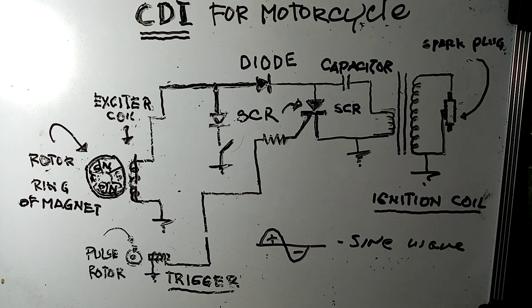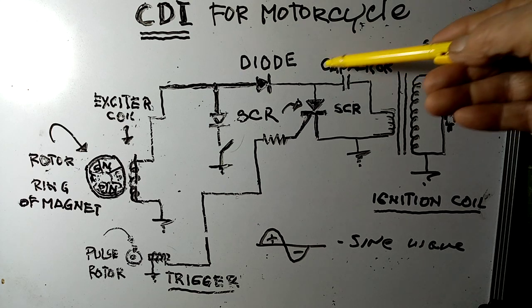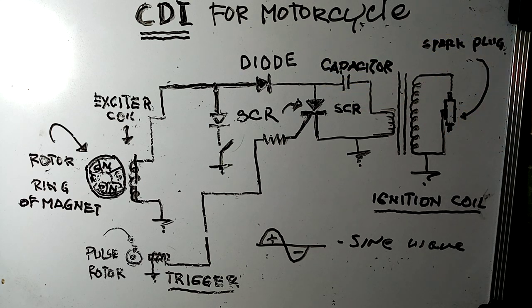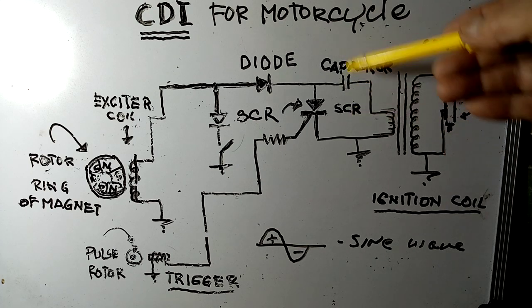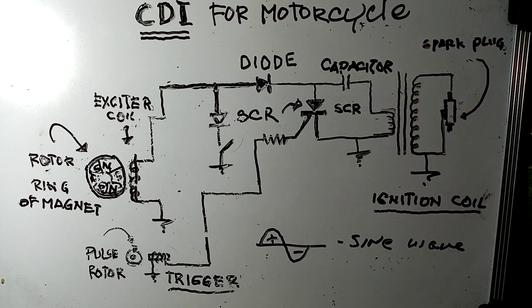How about the capacitor? This is a capacitor. A capacitor has two plates, separated by what we call a dielectric or insulator. There are many kinds of capacitors with insulators like mica or electrolyte.